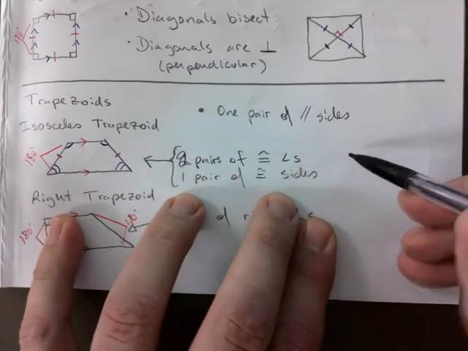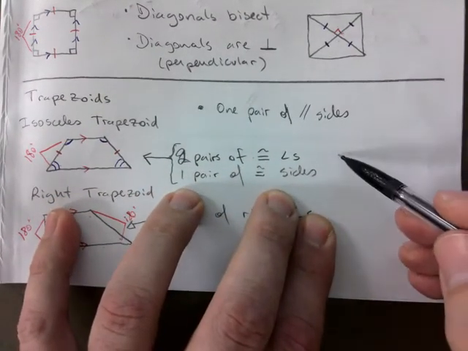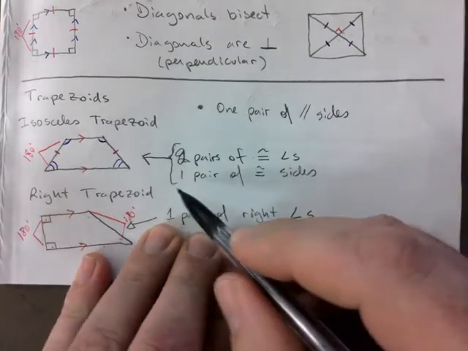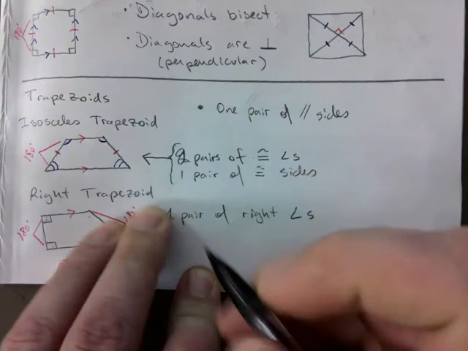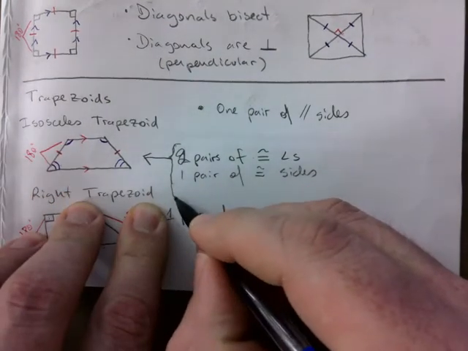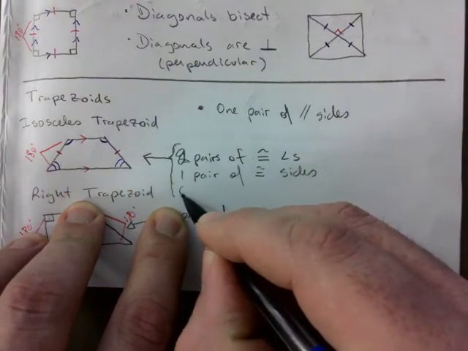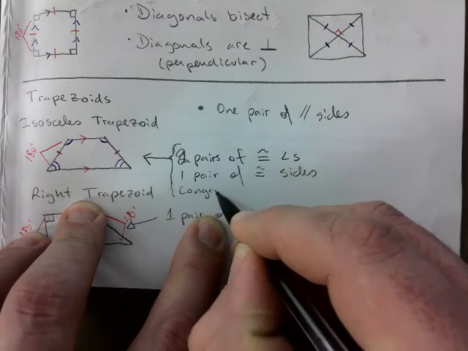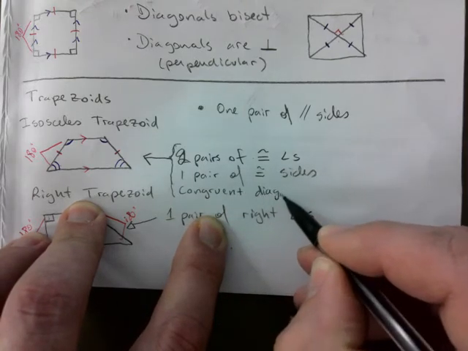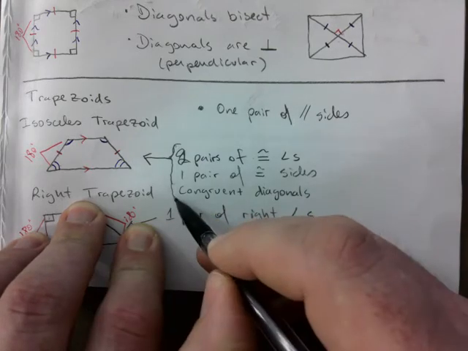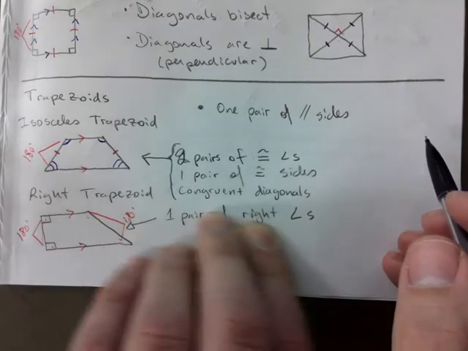Just quick here. I will add to this list of properties that is specific to Isosceles Trapezoid and just say congruent diagonals. So there's congruent diagonals.